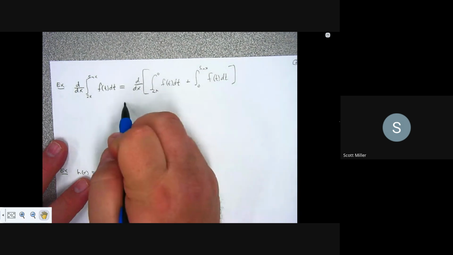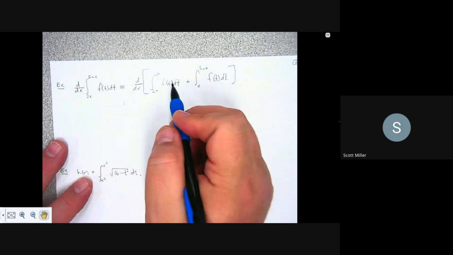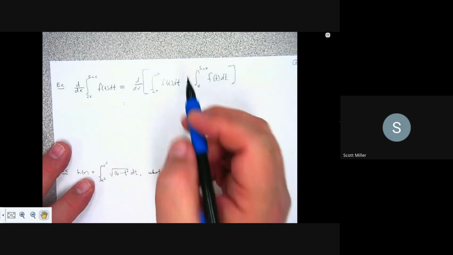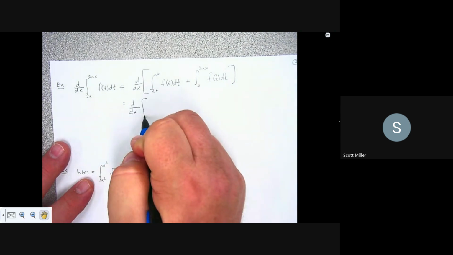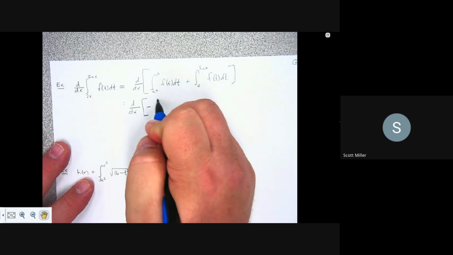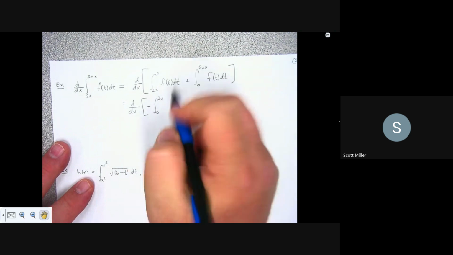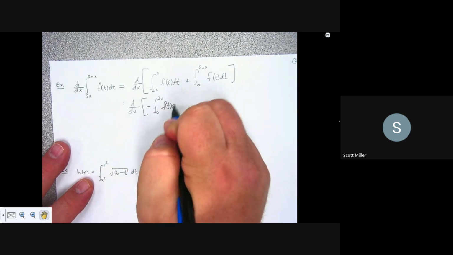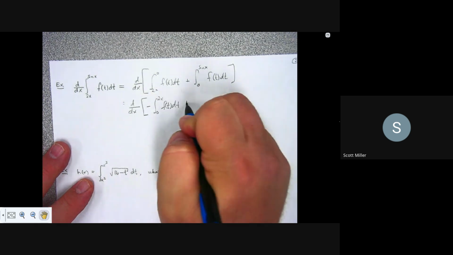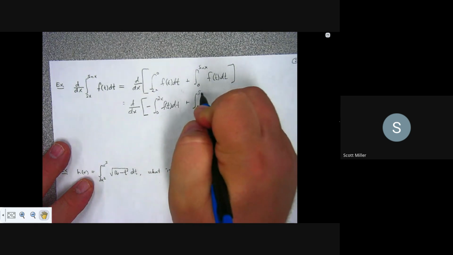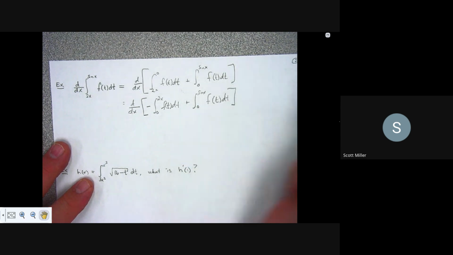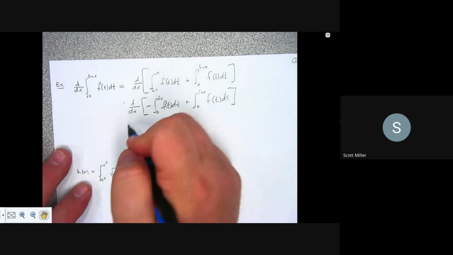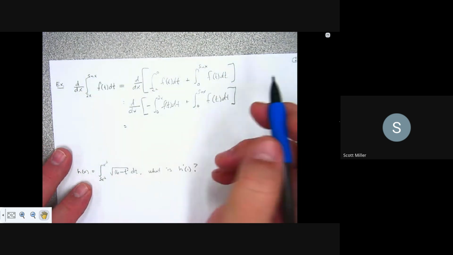To change this so it looks like what we had in our rule, this becomes the derivative with respect to x of negative the integral from 0 to 2x of f of t dt, plus the integral from 0 to sine of x of f of t dt. Now that I have it in this fashion, I can use the fundamental theorem of calculus.